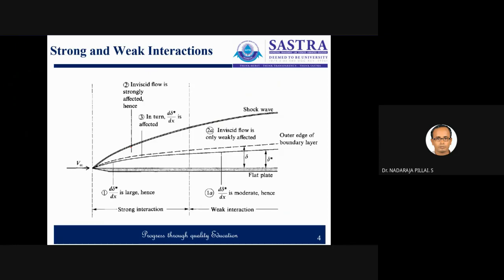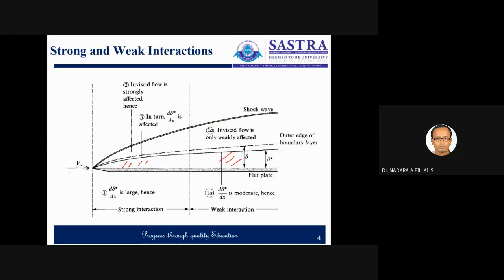There is a strong interaction region immediately from the nose or the leading edge, and the weak interaction region is further downstream. Here we say this is a weak interaction region, and here this is a strong interaction region.